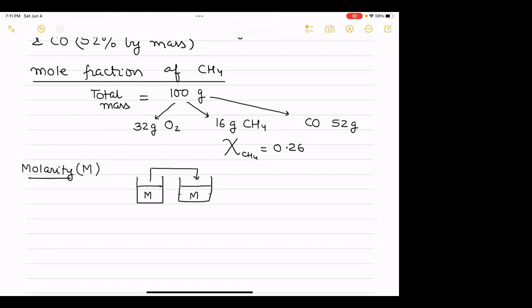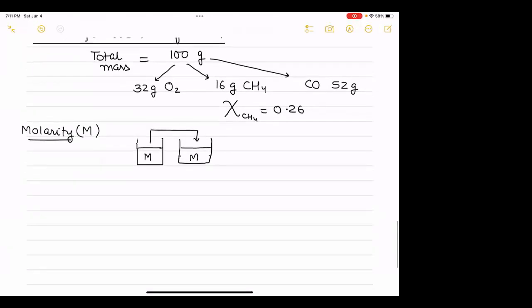Okay. Another thing is, can you tell me what is the biggest drawback of molarity? So it is temperature dependent. Yeah, it is temperature dependent. Suppose you keep it in hot condition or in a cool condition, the molarity is going to change because the volume is temperature dependent.